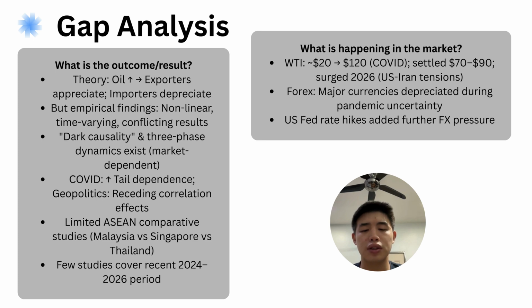Our study addresses these gaps by using wavelet correlation and coherence analysis, which allows us to examine relationships simultaneously across different time horizons: short run, medium run, long run, and very long run. This overcomes limitations of traditional methods like VAR or ARDL.